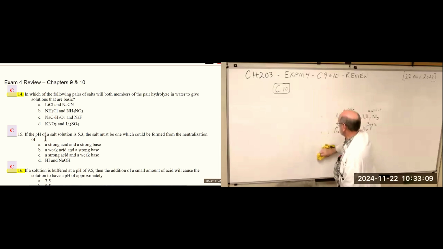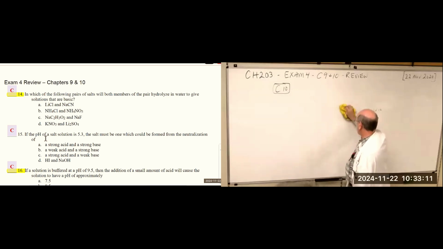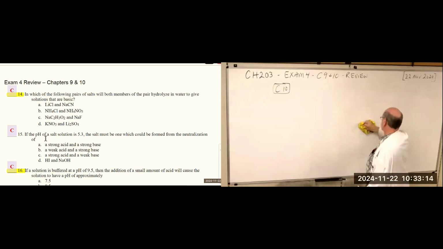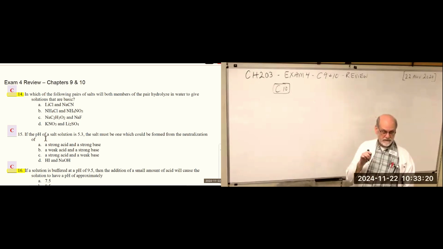Now we know that's not the chemistry, right? The chemistry for a basic solution, you focus on the anion of the weak acid that would have come into it. Weak acid means it wants protons.